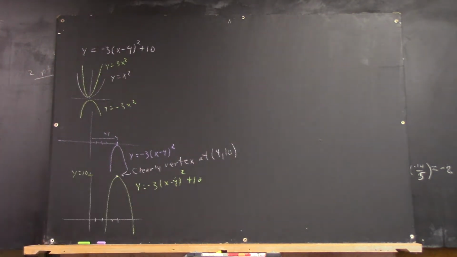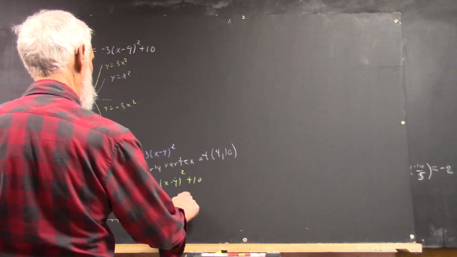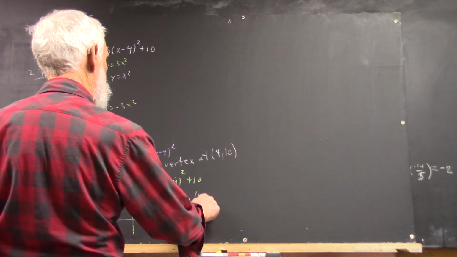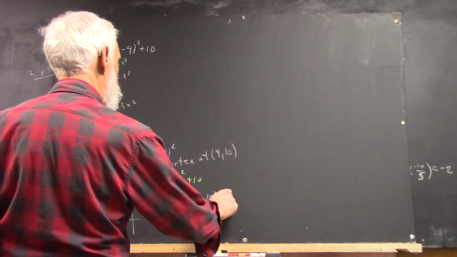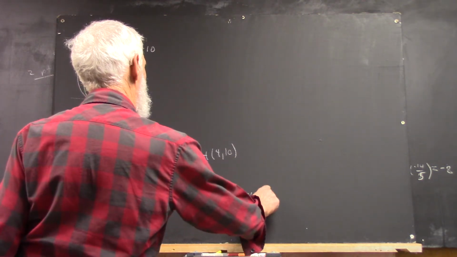Clearly then, the vertex is at the point (4, 10), opening downward.